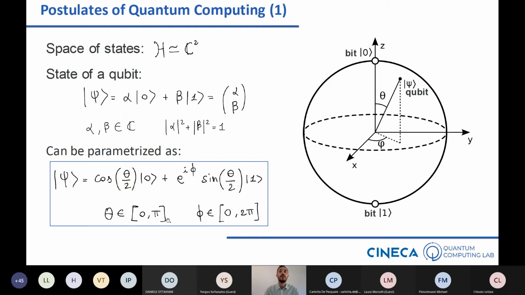Since you can parameterize it with theta and phi, you can also visualize the state of a qubit as a point on the surface of this sphere, while the classical states 0 and 1 are just the north or the south pole.